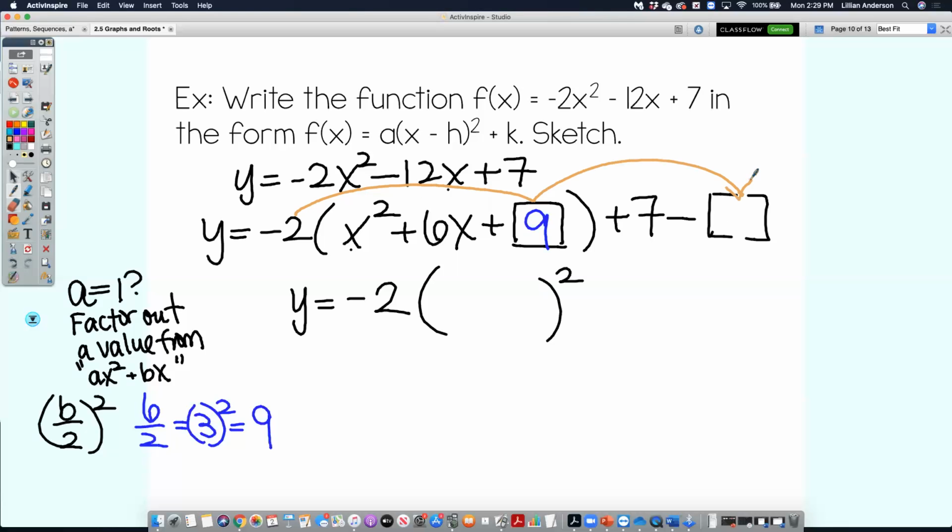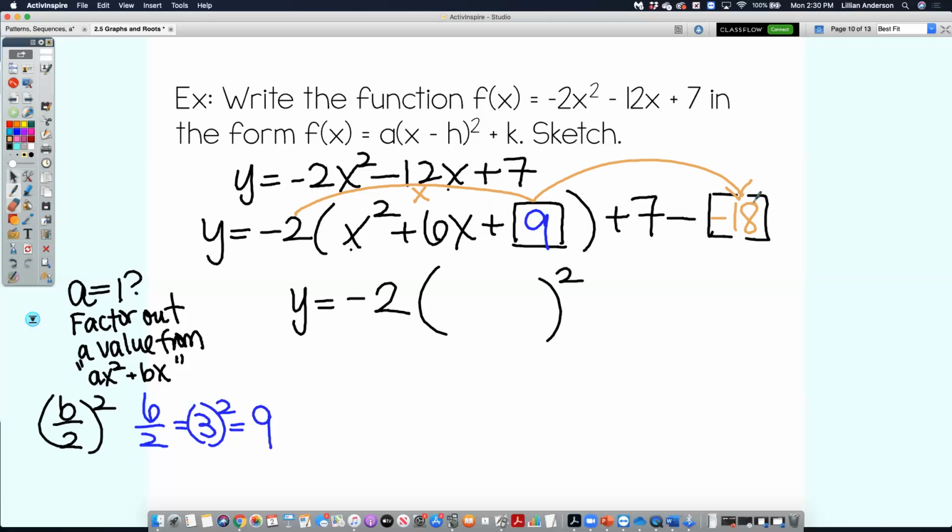You have to multiply whatever a was that got factored out by the value you got when you took half of b. So what's -2 times 9? -18. So I'm going to have a minus a -18.